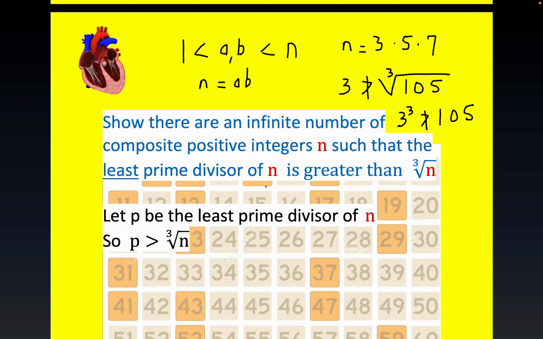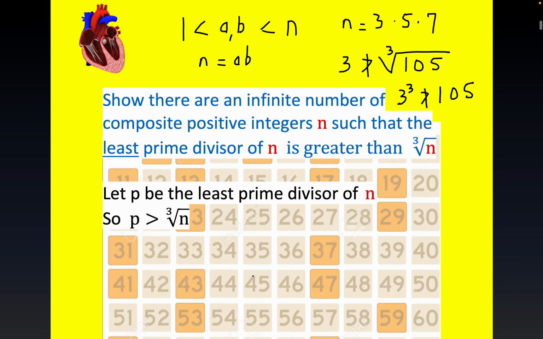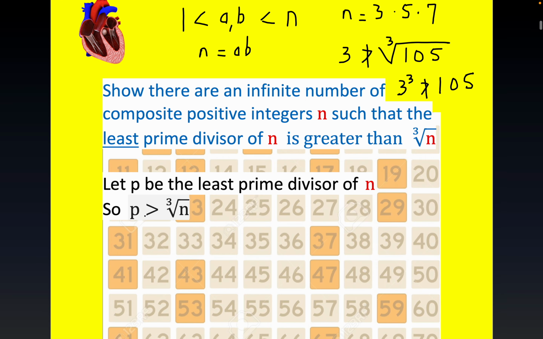So you see, we just picked a random integer, and it does not enjoy this property. Try it with a few other random integers and see if the least prime divisor is greater than the cube root of the number itself. Yet there is a fairly easy way to show there's an infinite number. All I've done here is restate the problem's conditions. Let P be the least prime divisor of n.